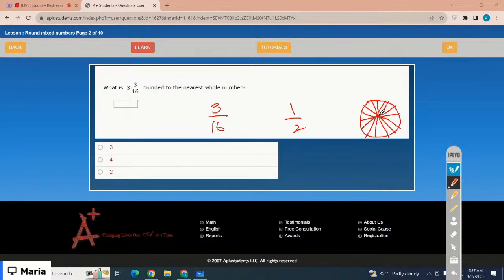Okay, let's just make two parts, 1 and 1. So just three of them are colored, 1, 2, 3. Just this portion is colored. But 1 by 2 is like this. So which is greater, 1 by 2 or 3 by 16? Which is greater?